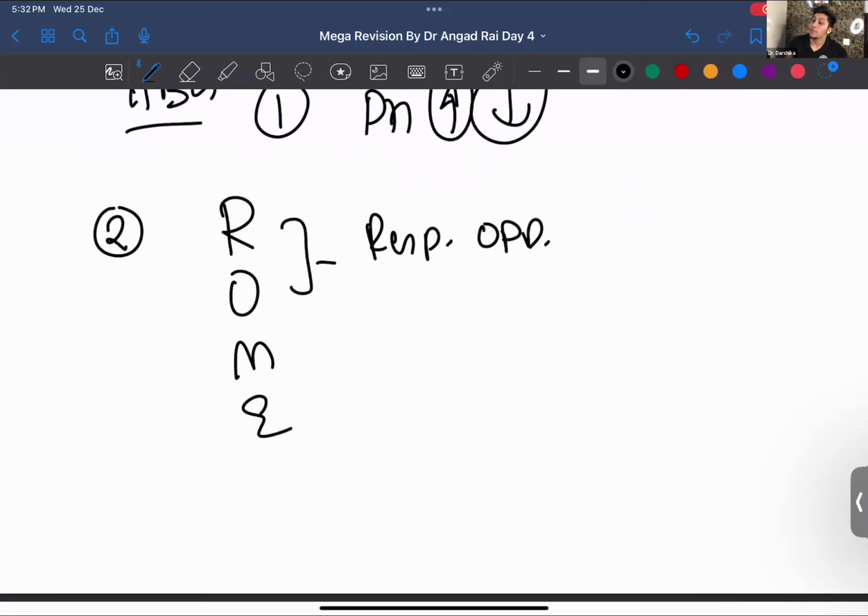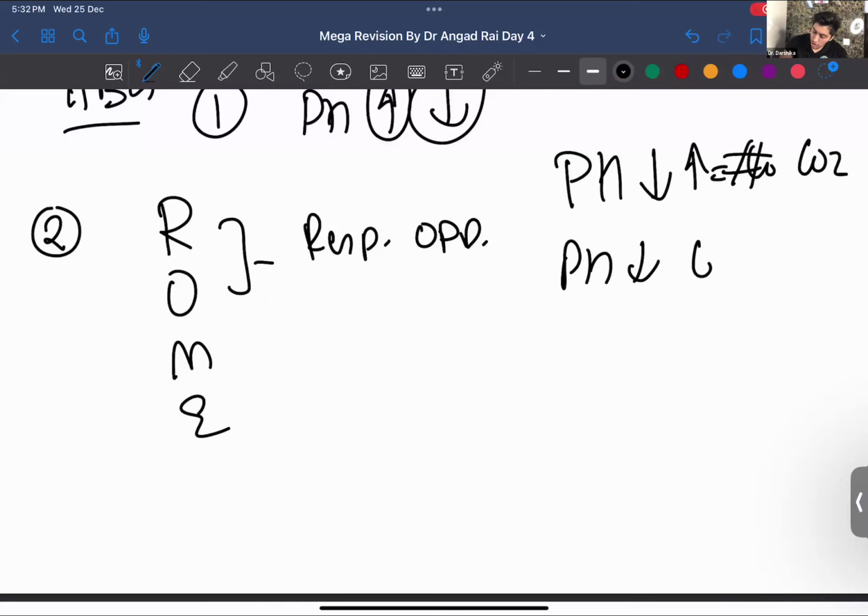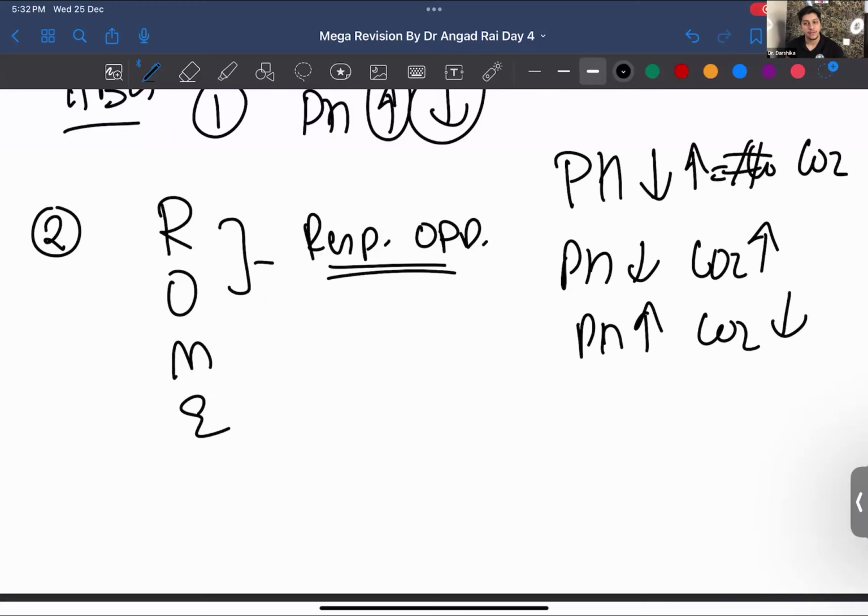The meaning of respiratory opposite is that if my pH is increasing or decreasing, it should be opposite to the sign of carbon dioxide. For example, if pH is less, to call it respiratory, CO2 should be more. If pH is more, to call it respiratory, CO2 should be less. Then your answer will be respiratory.